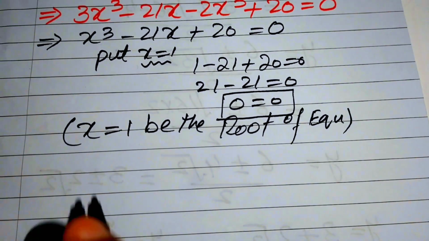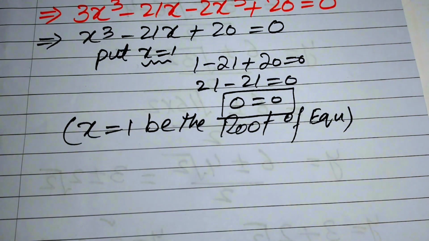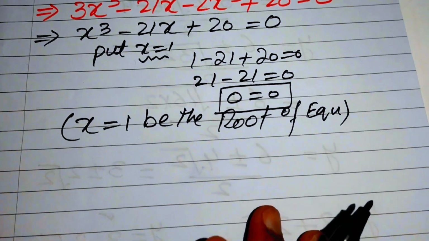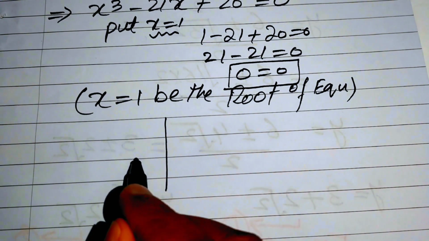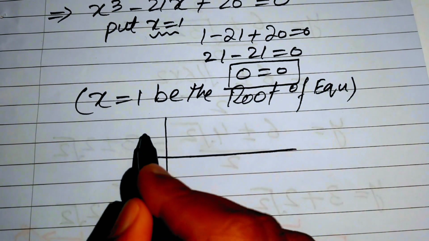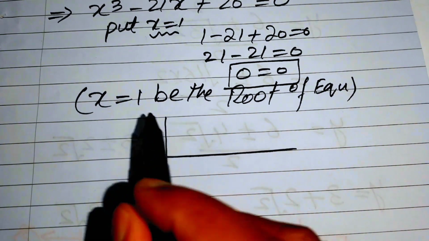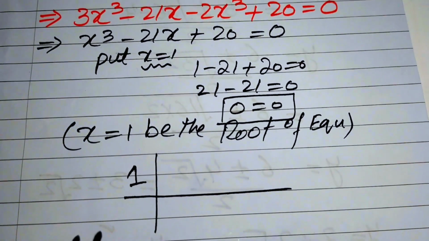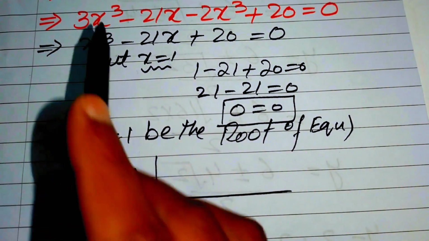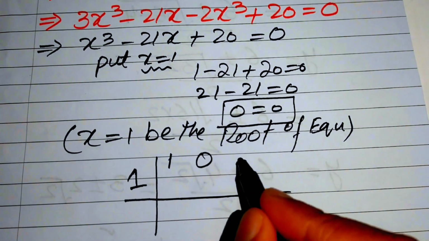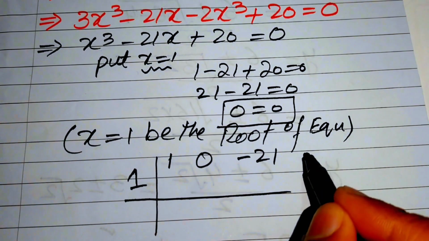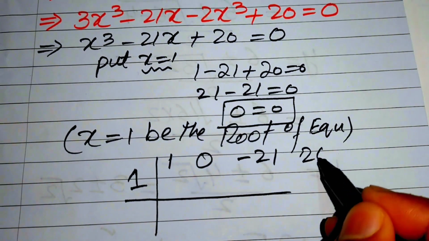Okay, so we found the first root of this equation, and now here we use the synthetic division in order to find the other roots. So here you have the first root, we write it here, and now we can write the coefficients of this equation. The coefficient of x³ is 1, the coefficient of x² is 0, the coefficient of x is −21, and the constant term is 20.